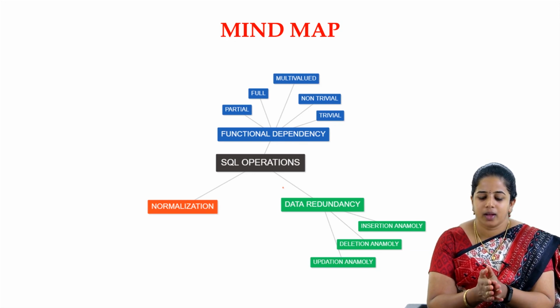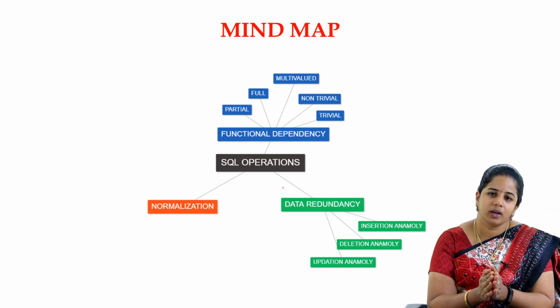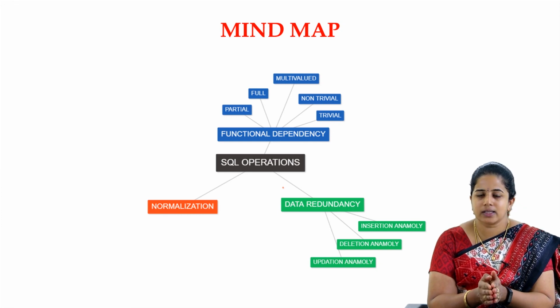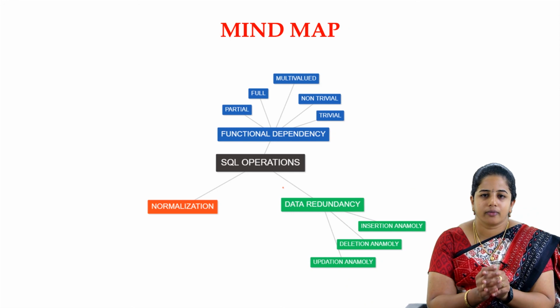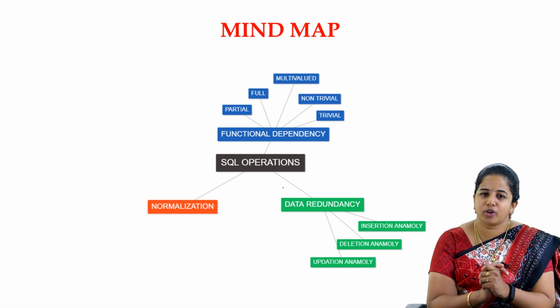Data redundancy means multiple occurrences of the same data, and because of this the size of the database increases, and it also leads to problems like insertion, deletion and updation problems. And finally we have seen normalization. To reduce data redundancy and to achieve some optimization in the table, we go for normalization.